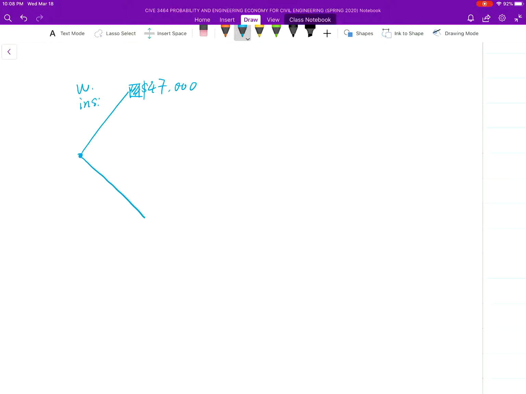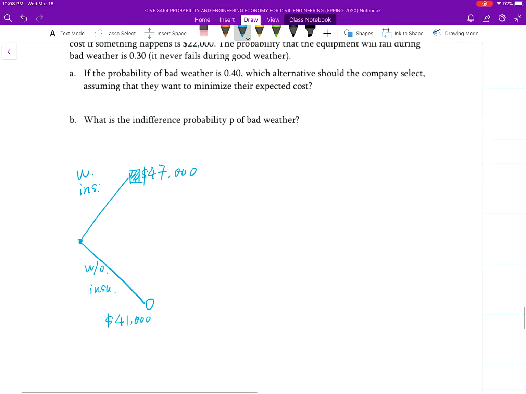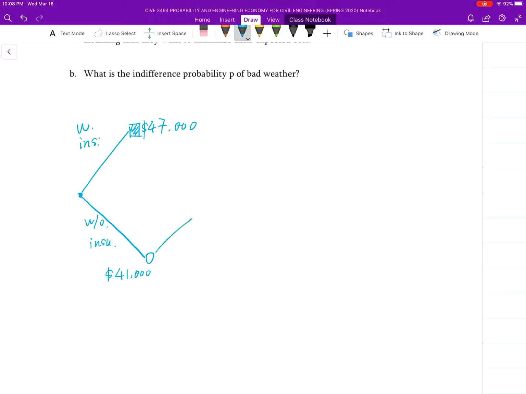But if you choose not to pay for insurance, so without insurance, the cost here is 41,000. But this cost is not the final cost, because something could happen, right? Something we cannot control is the weather. There might be good weather or bad weather.